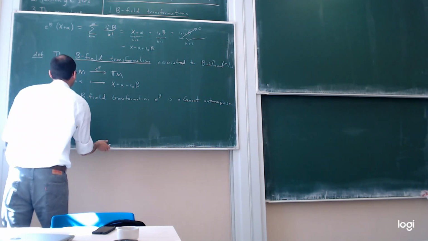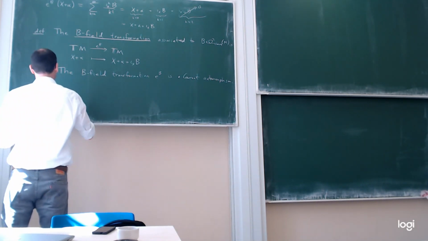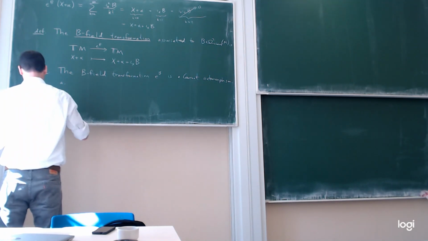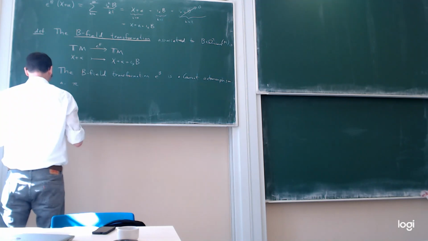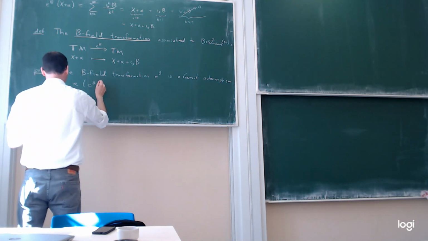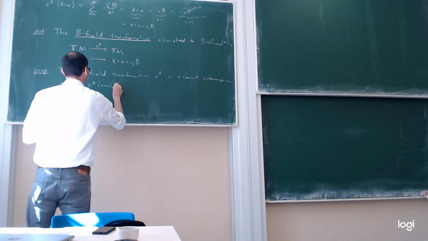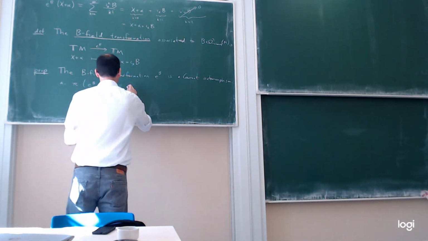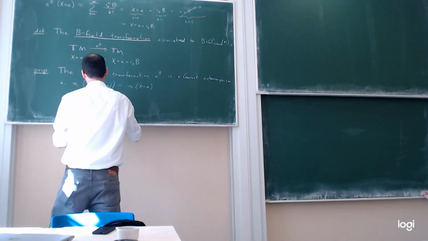What this means is three things. First, that pi of e^B applied to x plus alpha is equal to pi of x plus alpha, so we need to show three things.